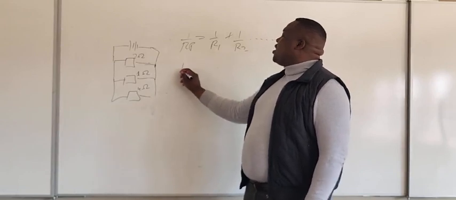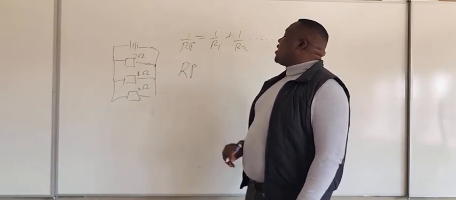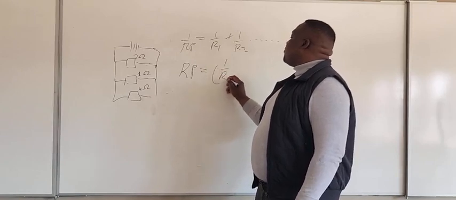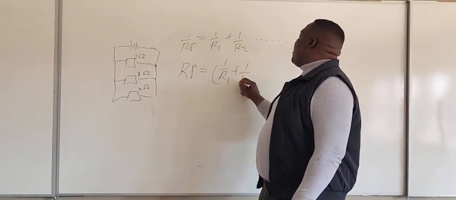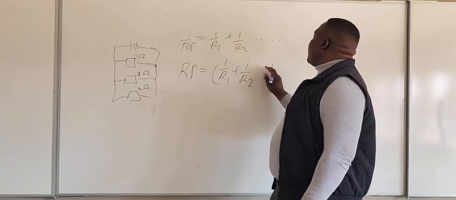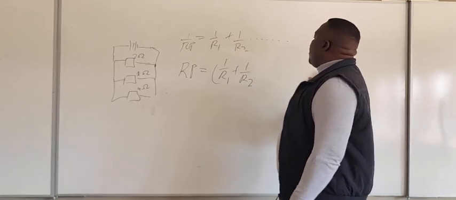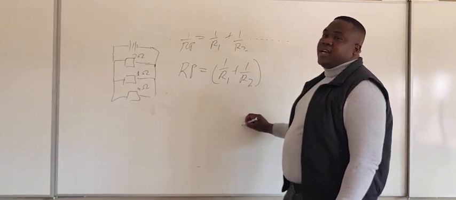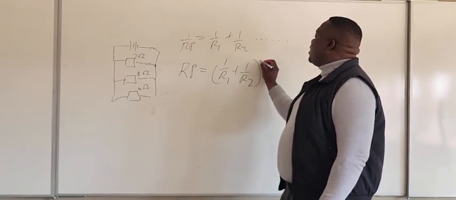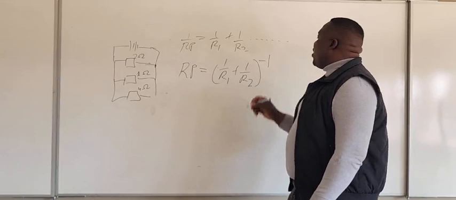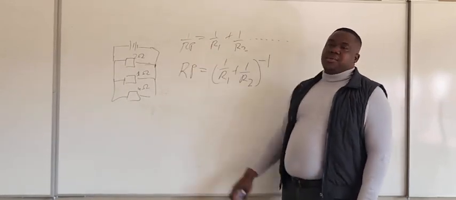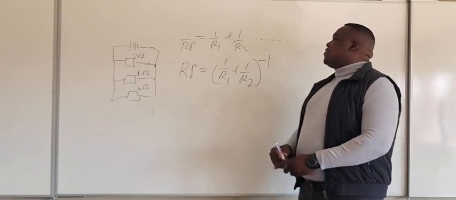You're going to say RP directly is equal to 1 over R1 plus 1 over R2 plus 1 over R3, R4, moving forward. You put everything in brackets, then you say to the power -1.